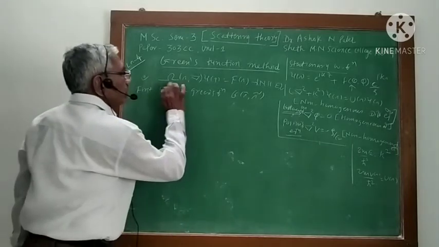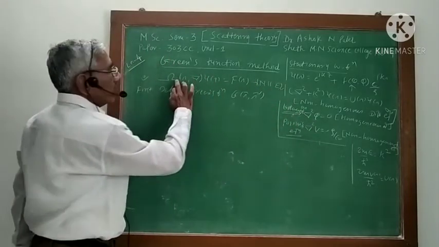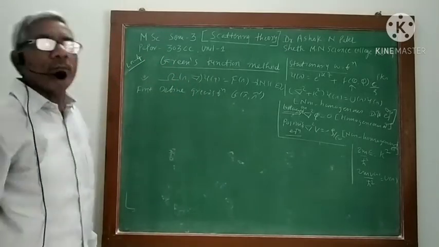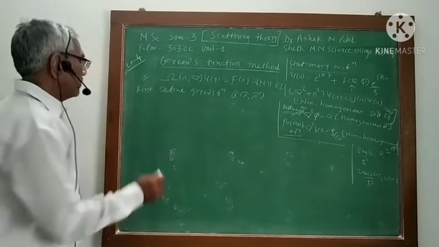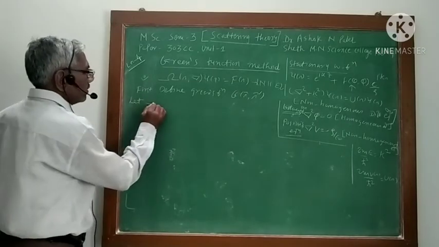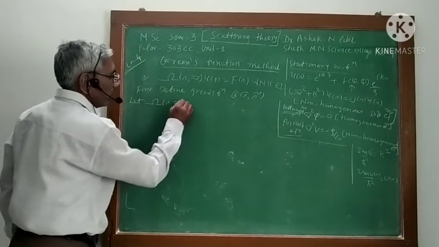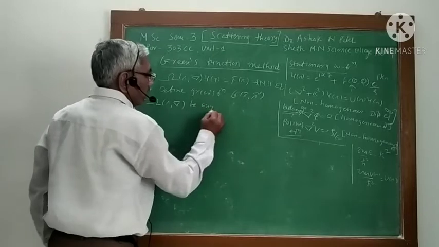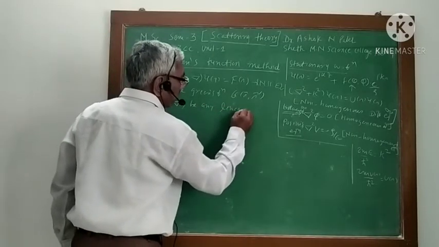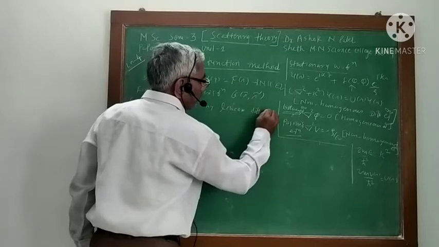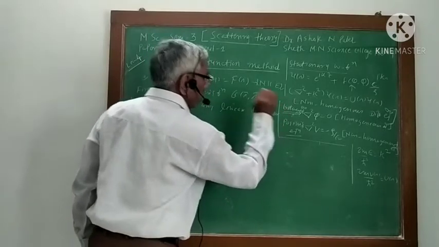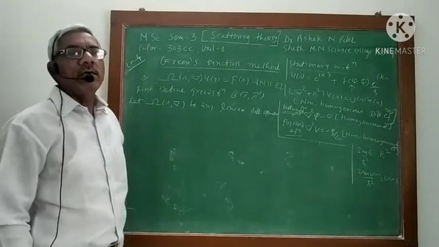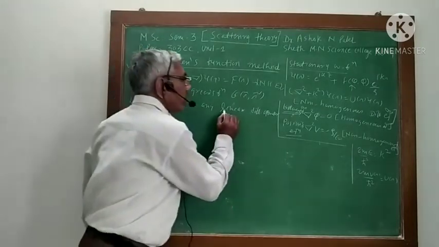So now this is my differential operator. This operator should be a linear operator. So let this omega be any linear differential operator. But what is the meaning of a linear operator?